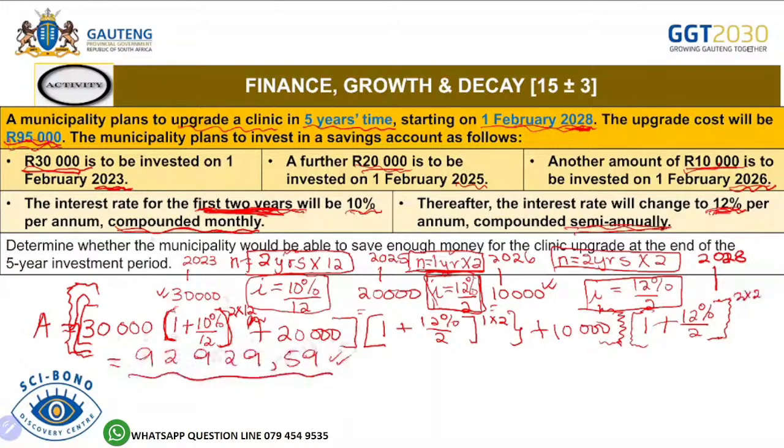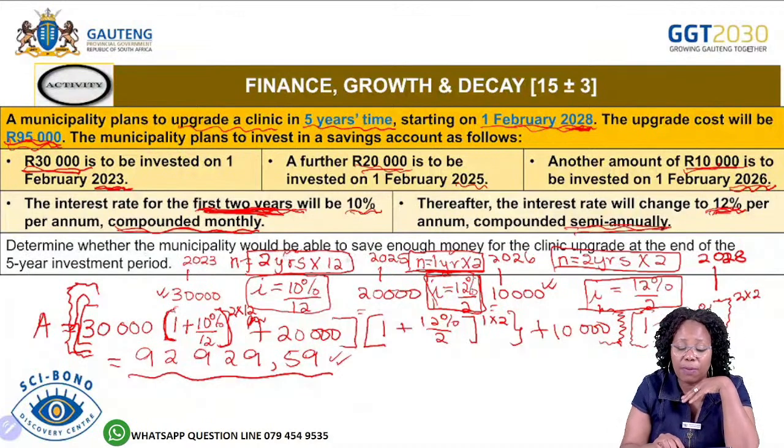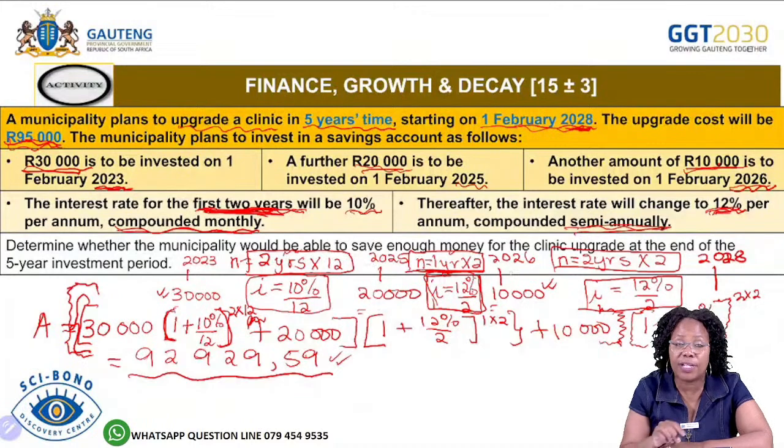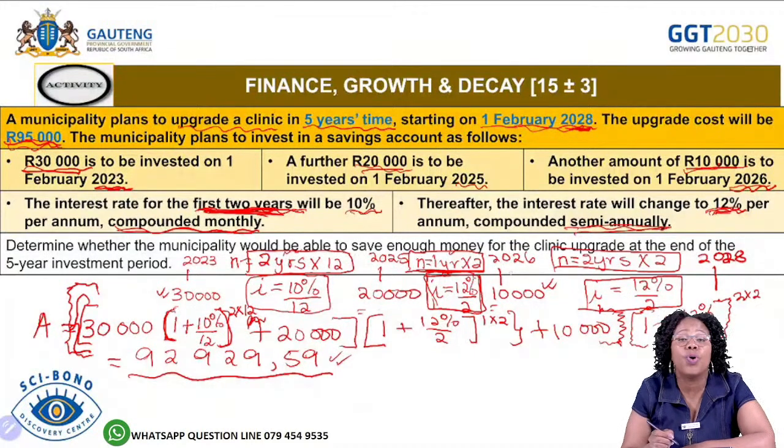Have we reached the target, Grade 12? No, we are less than that because we are expecting to have 95,000. That means this money is not enough, because the question was saying determine whether the municipality will be able to save enough money for the clinic. The money is not enough, okay, because we are expecting 95,000 and we are at 92,929 rand 59 cents.